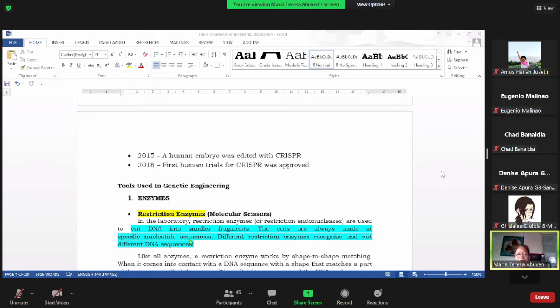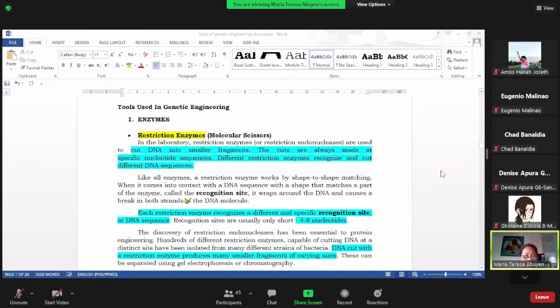Different restriction enzymes recognize and cut different DNA sequences. So the place or the specific site that the restriction enzyme cuts is called the recognition site.